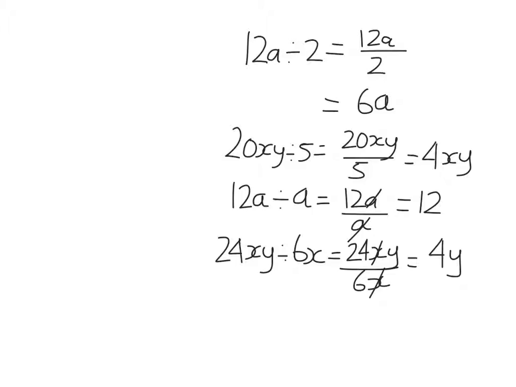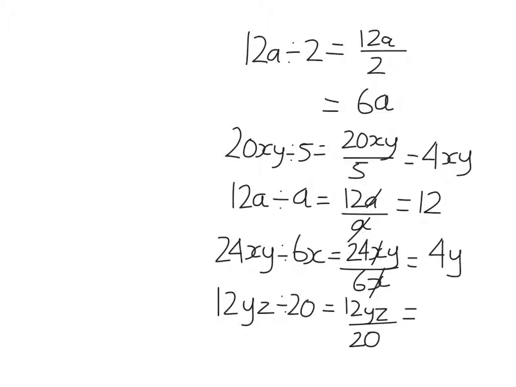So sometimes the numbers won't divide evenly. Of course, whenever you multiply whole numbers, you always get a whole number, but if you divide whole numbers, that's not always the case. So let's say I had, for example, 12yz divided by 20. So we write it as 12yz over 20. Now, of course, 12 doesn't go evenly into 20, so we simplify the fraction. 12 over 20, so we divide by the highest common factor.